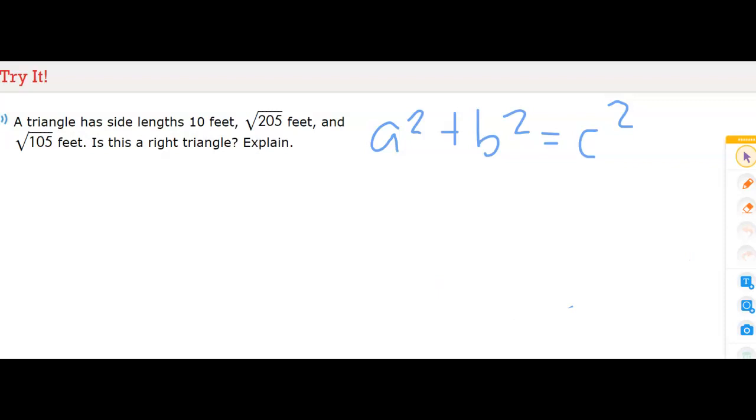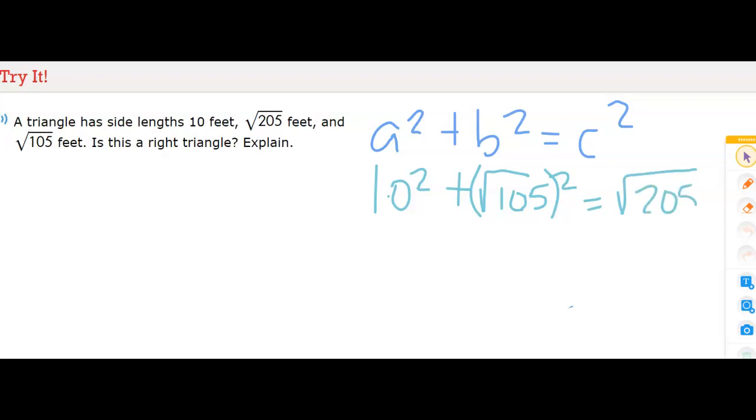Okay, so now I have 10 squared plus the square root of 105 squared is equal to the square root of 205 squared.